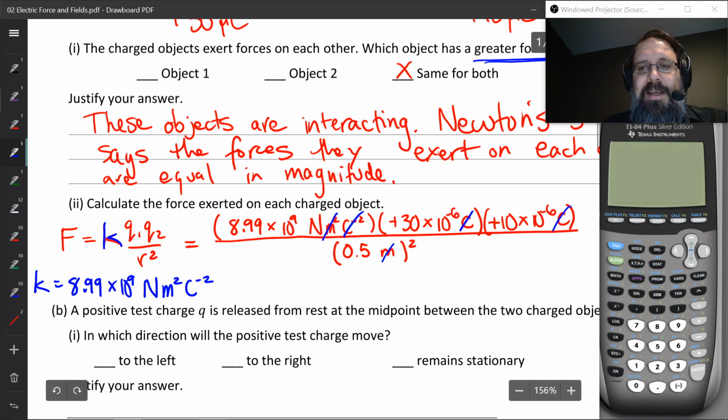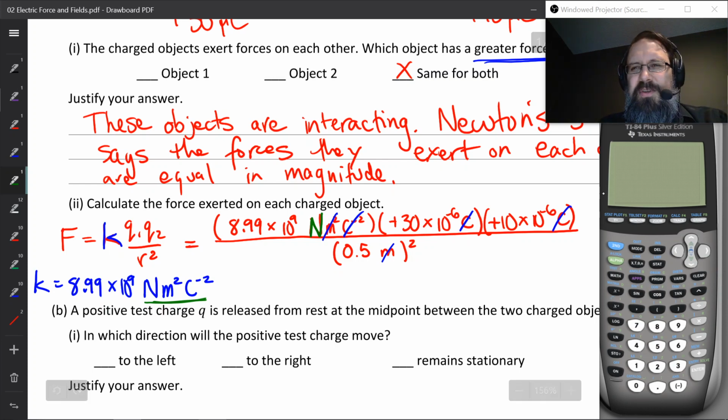And look at what we're left with: just newtons, which is what we needed because we're trying to find the force. So that works out beautifully. That's why the units on Coulomb's constant are so bizarre: they have to cancel out in this equation, giving you newtons in the end.